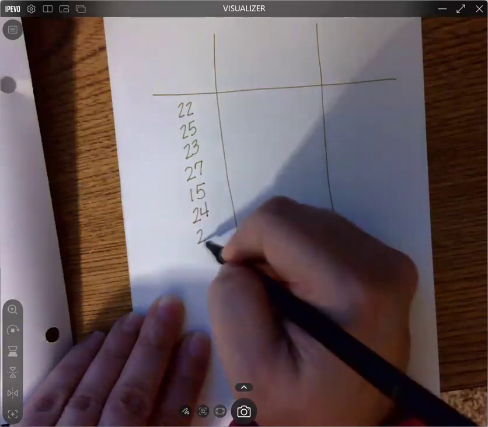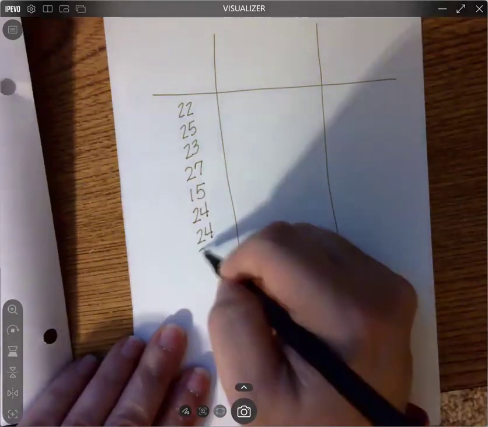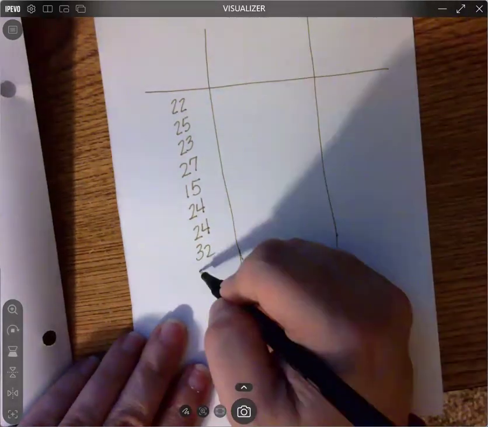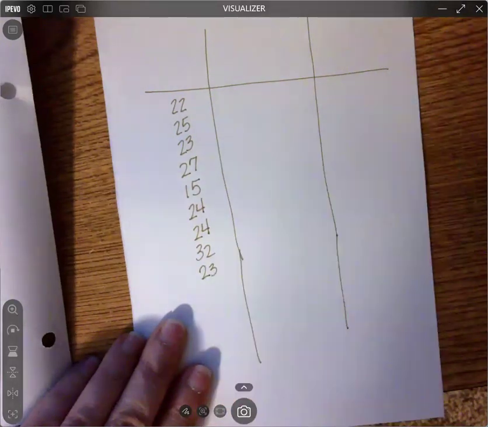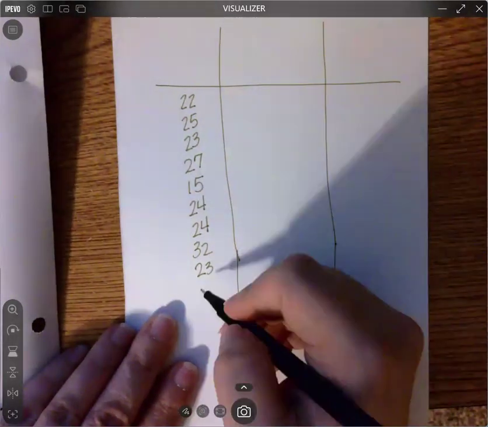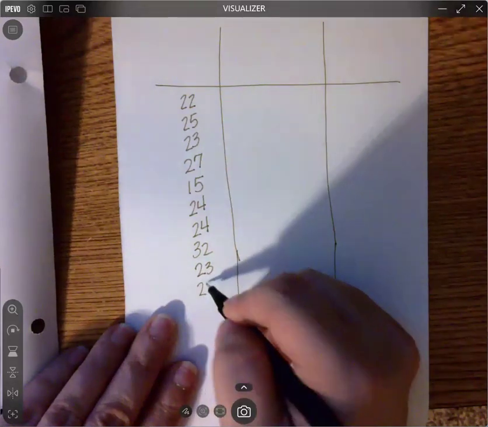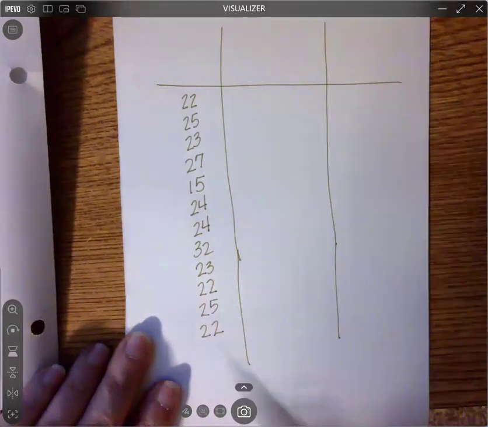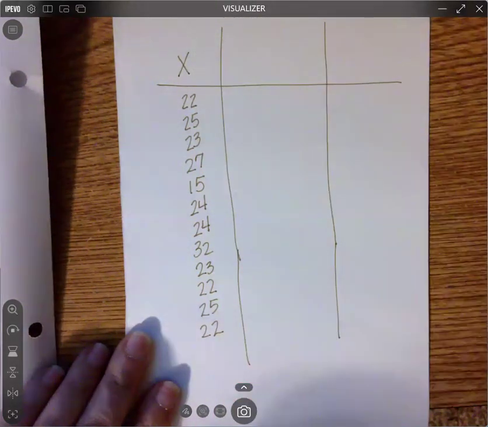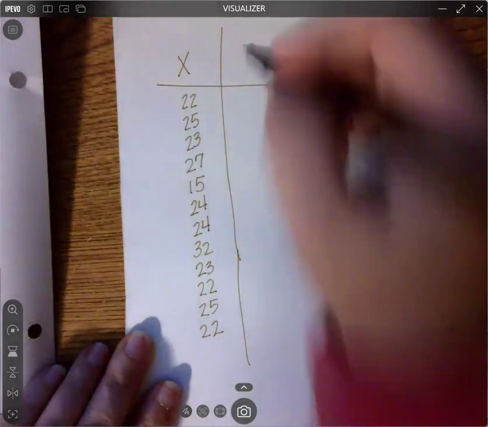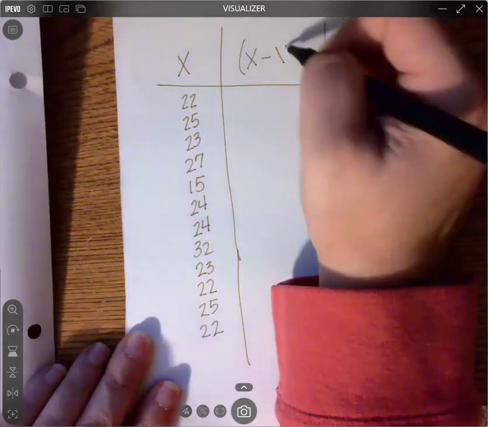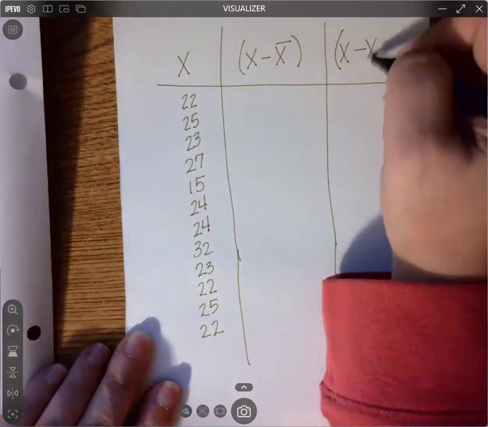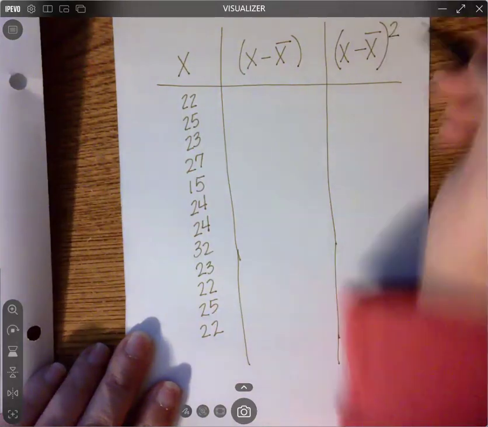Again, on your paper, go ahead and write those down as well. So our first column is X. Our second column is X minus X bar, which is the mean. And then our third column is where we're going to take that answer and square it.